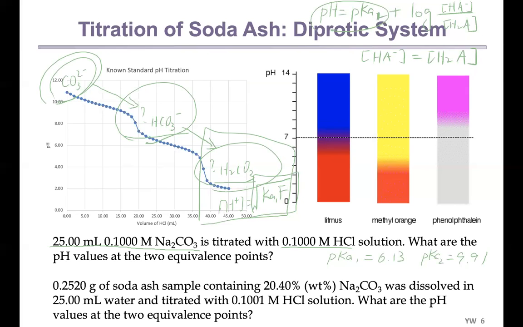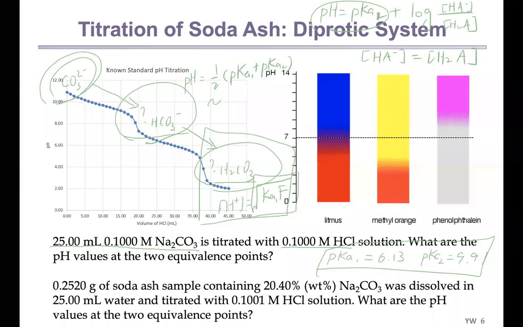We have that long equation, right? But as I said, you can do approximation, which is pH is half of pKa1 plus pKa2. So if you take these two values here, it will be around 8, which is actually why we use phenolphthalein to determine the first equivalence point, right?